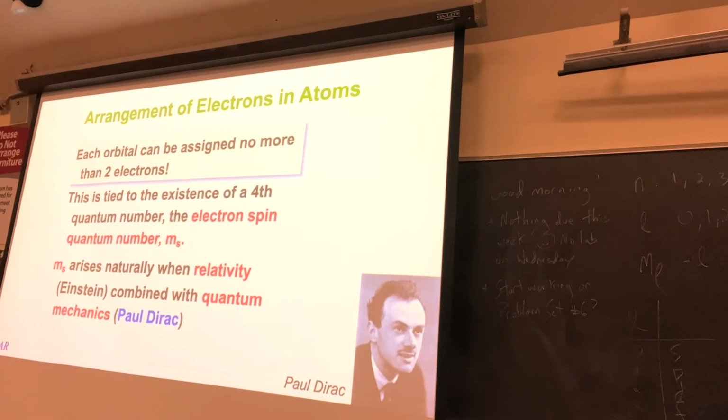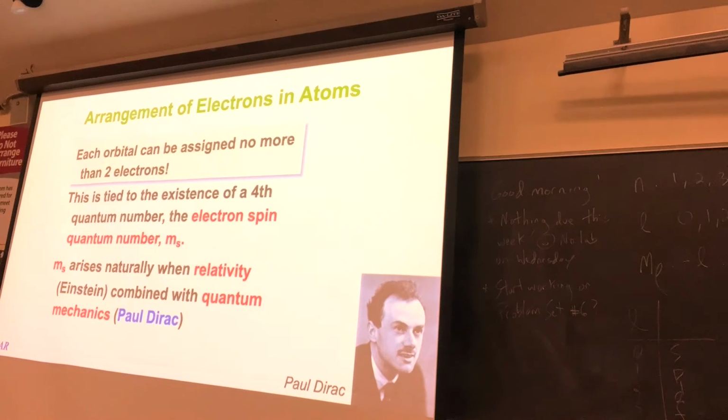So Schrodinger came out with quantum mechanics, but in the original version of quantum mechanics, there were only N, L, and M sub L. Well, this guy, Paul Dirac, going crazy with the math, applied Einstein's relativity, which is another big field, to quantum mechanics. And when he did that, this M sub s value came out naturally.